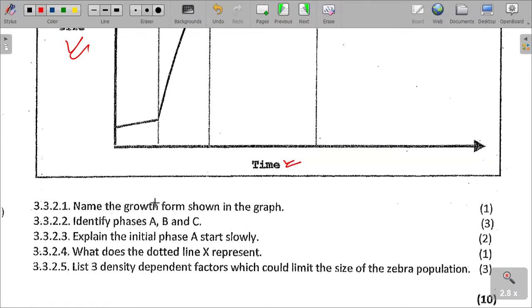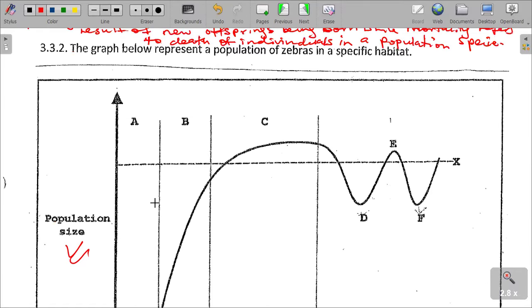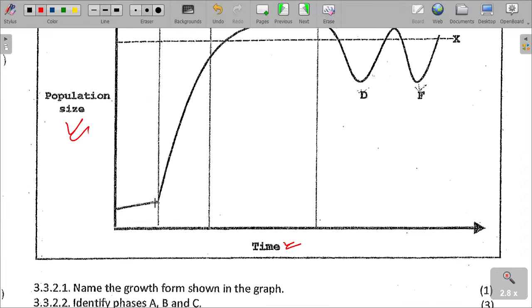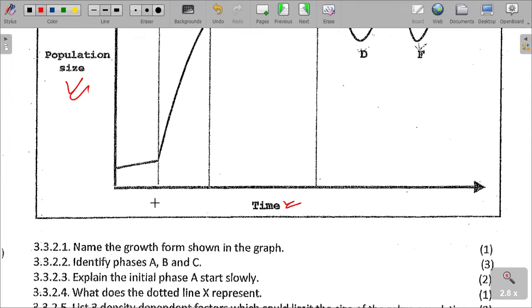The form of this growth, which is shown in this graph, is called logistic growth form. It's logistic growth form in this case.